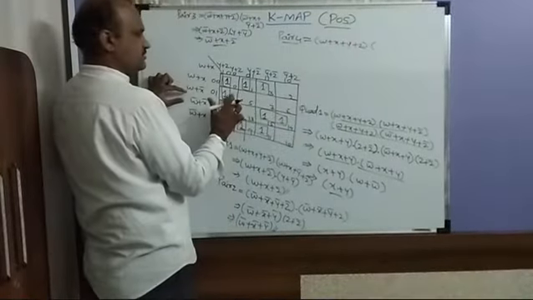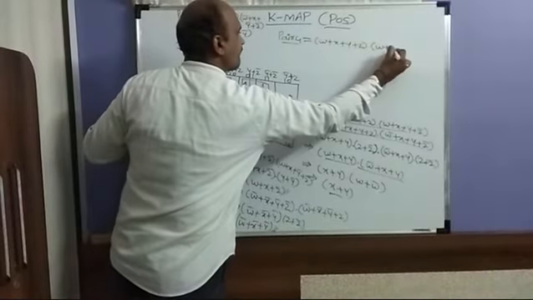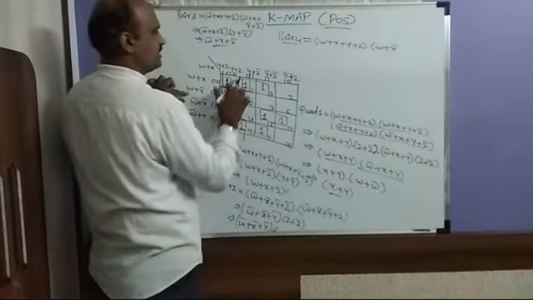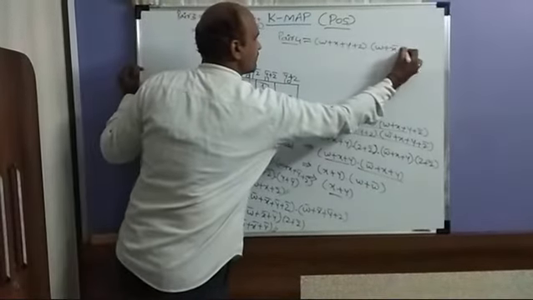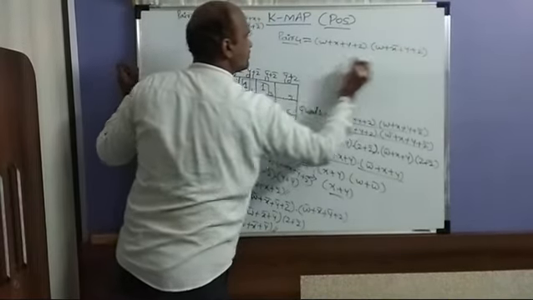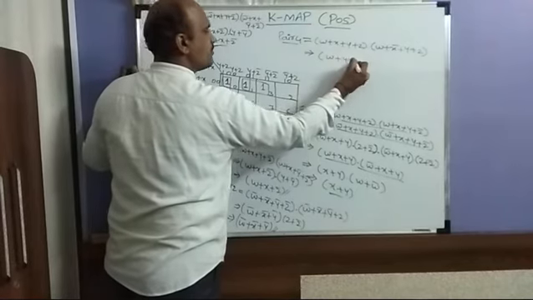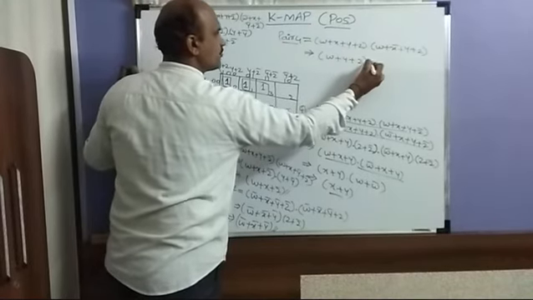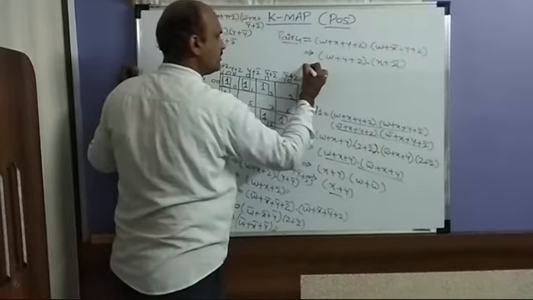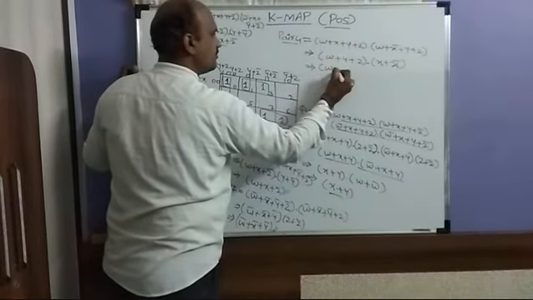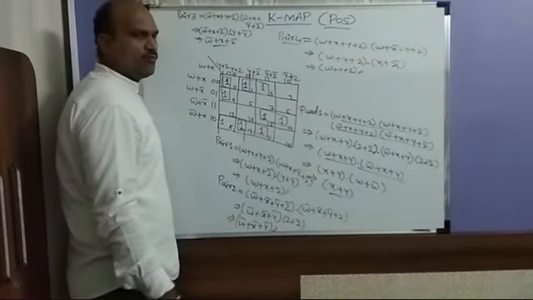Then this one w plus x bar, then that is again 4, that is y plus z. Take the common in this: w is common, y is common, z is common. What remains is x plus x bar, and x plus x bar becomes 1. Whatever remains, w plus y plus z. So this is for the fourth pair.